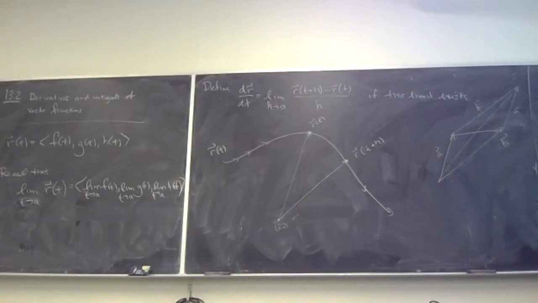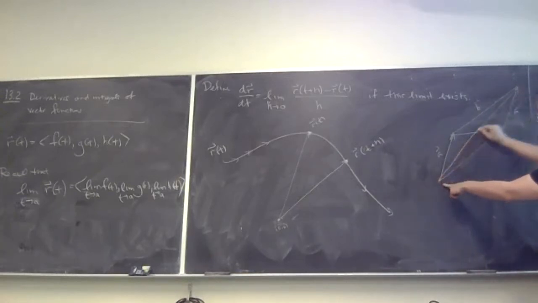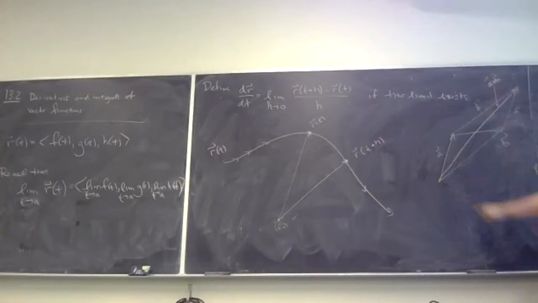Which one is A plus B? A long one or a short one? It's a long one, right? This guy right here that connects all the way across the top, that's A plus B. It turns out that the other diagonal is A minus B or B minus A, depending on the way it points. So B minus A goes this direction.